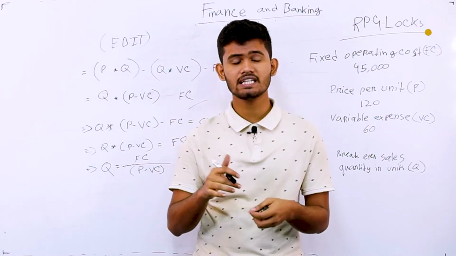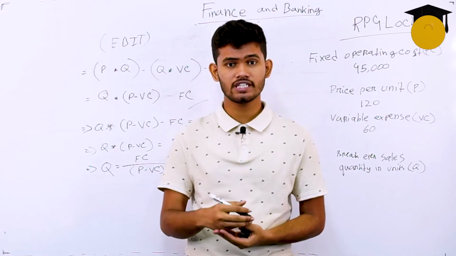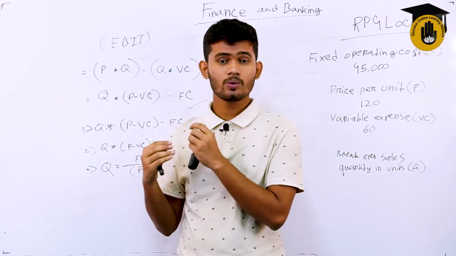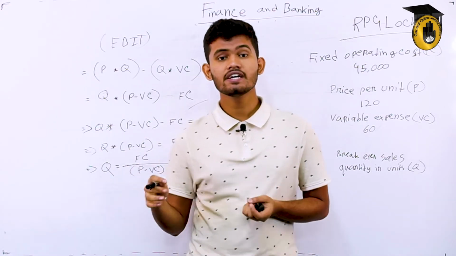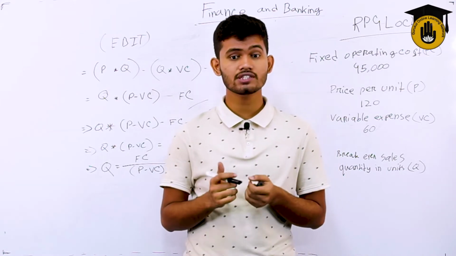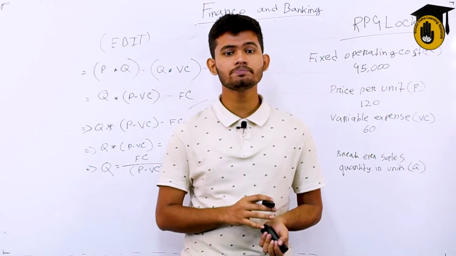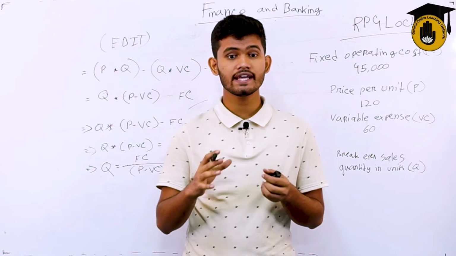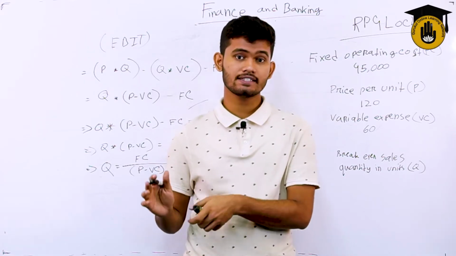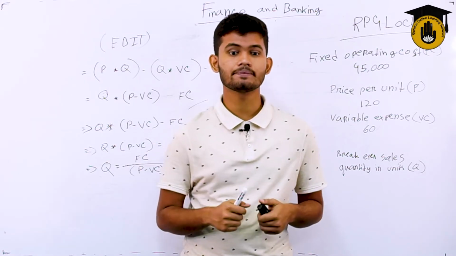That's a mixed company, where the sales mix is constant. That means they are not selling only one particular product. They are selling different kinds of products. That's why the sales mix will always be constant in a multi-product company, unlike a niche company.